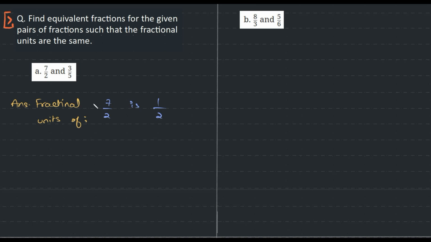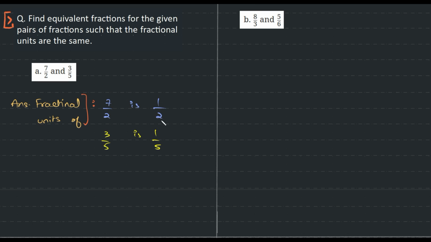Do you guys agree? And that of 3 by 5 is 1 by 5. Agree? So basically, we are distributing 1/5 3 times.